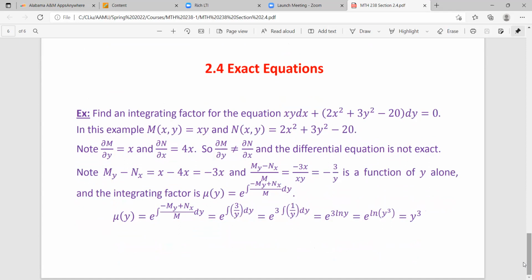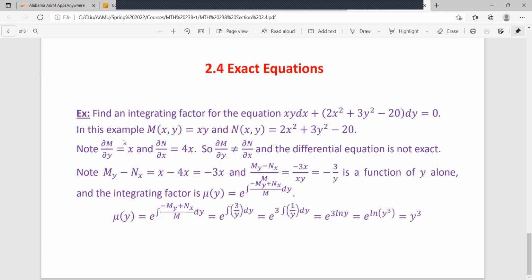The first step is always to identify M and N. So in this problem, M equals x times y, and N equals 2x squared plus 3y squared minus 20. First, let's see if the equation is exact or not. We know this equation is not exact, but let's just double check it.